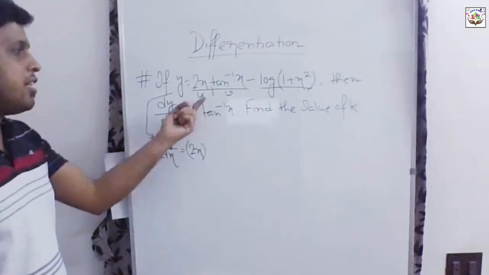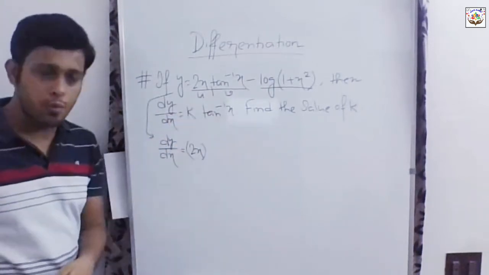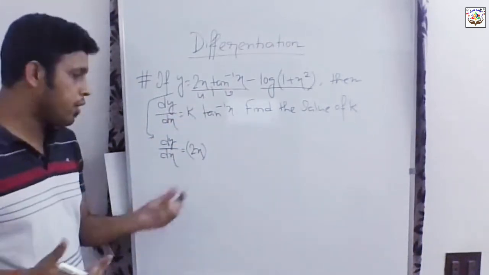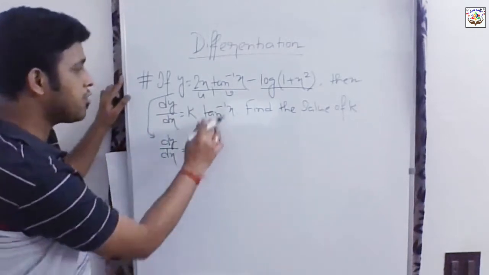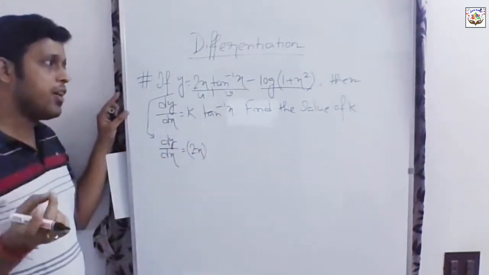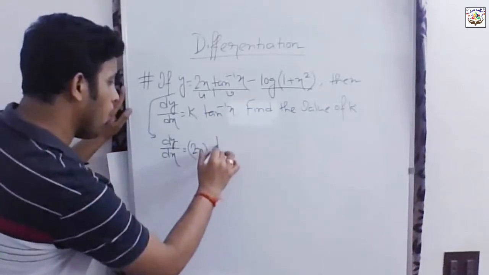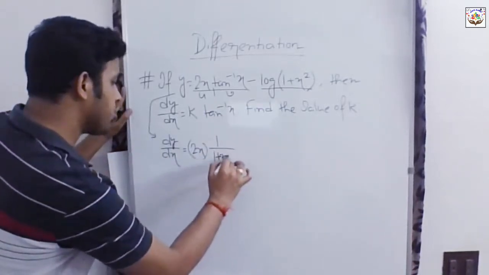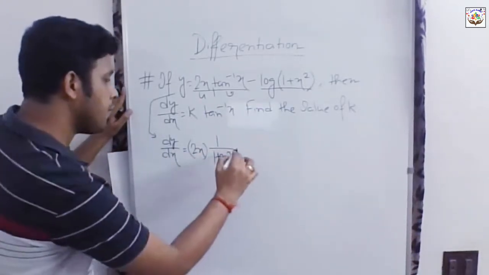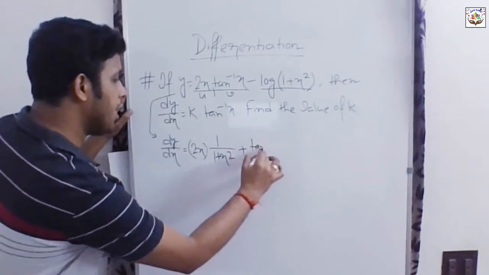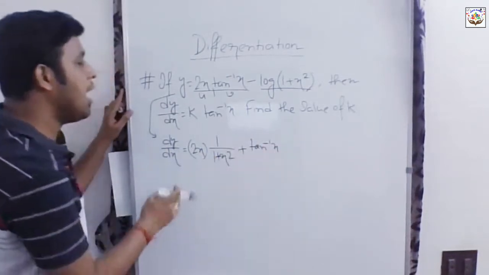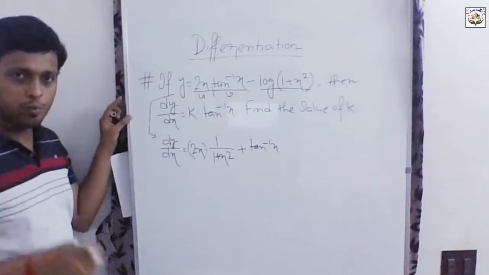Okay. So we can easily apply d/dx of u into v formula. So according to that formula, u constant, d/dx of tan inverse x. So derivative of tan inverse x is 1 by 1 plus x square. Okay. Plus now we need to take tan inverse x as constant and the derivative of 2x is 2.